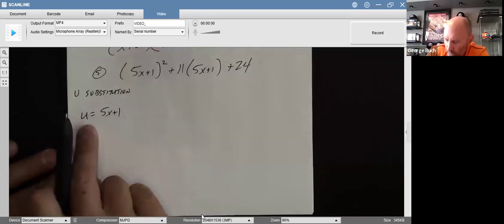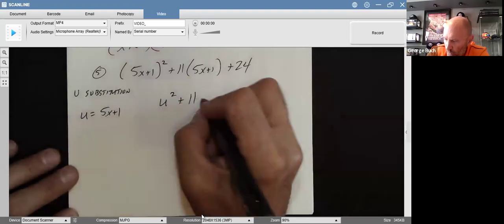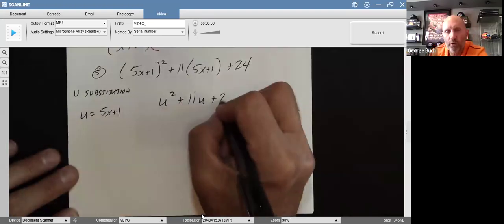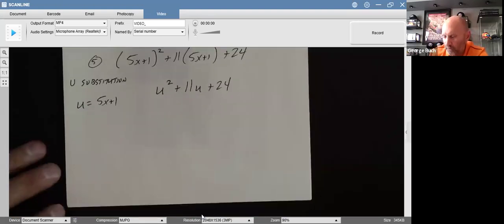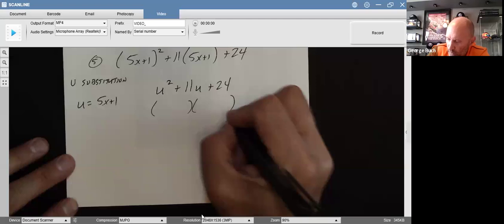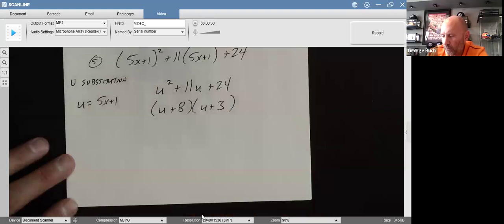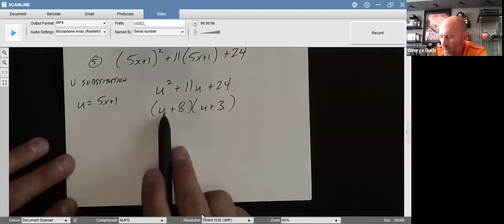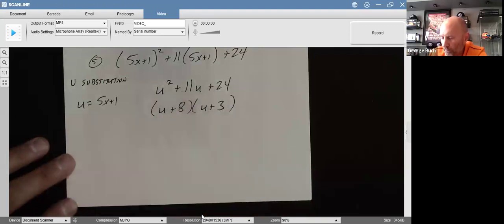So I get U squared plus 11 times U plus 24. This is a lot nicer to factor, a lot easier to factor. Because I get U plus 8, U plus 3. So FOIL it back: U squared, 8U plus 3U is 11U, 3 times 8 is 24.